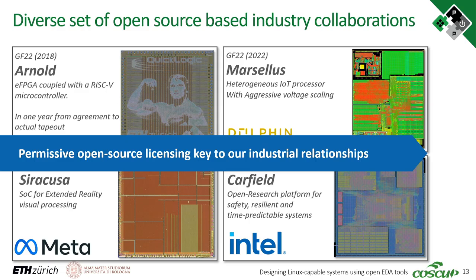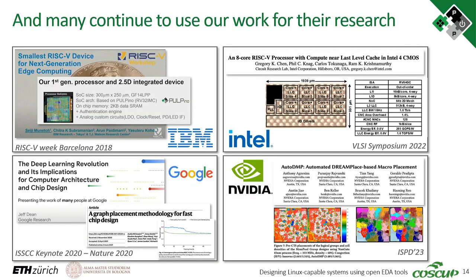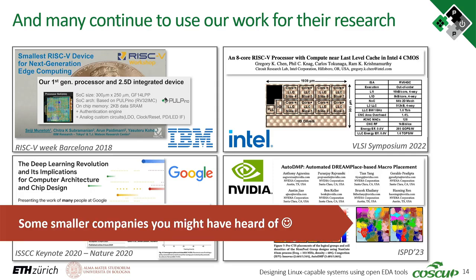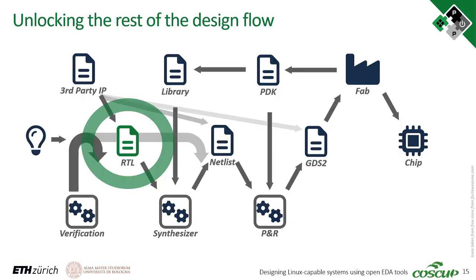It can be used for commercial stuff as well. And other researchers also continue to use our system exactly for this purpose, so that they have a baseline and then they can develop their own stuff on top of it. And again, there are a few small companies involved in this.